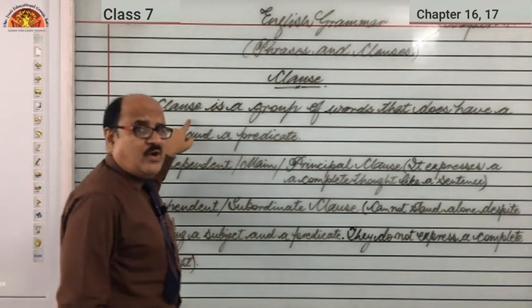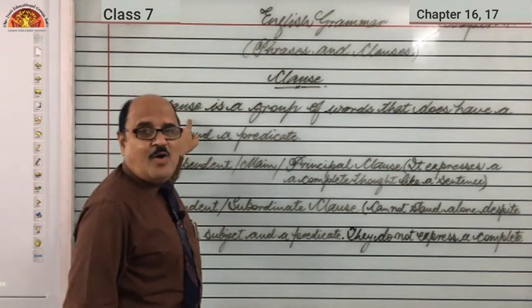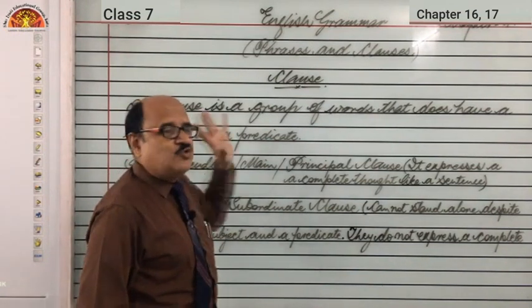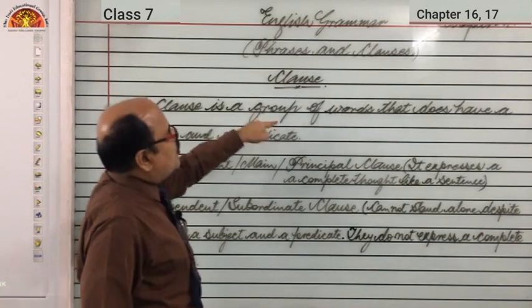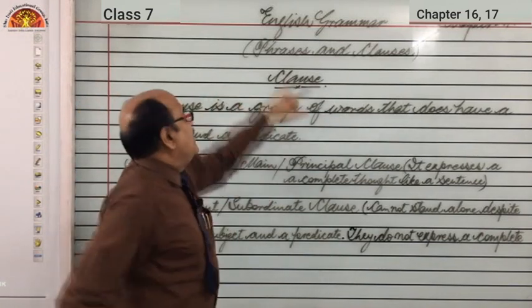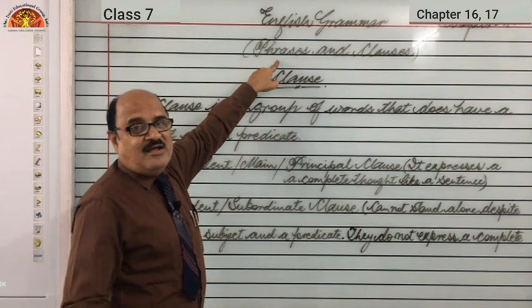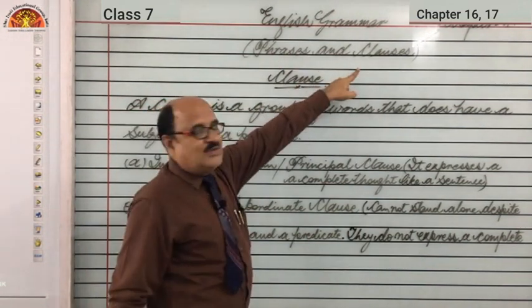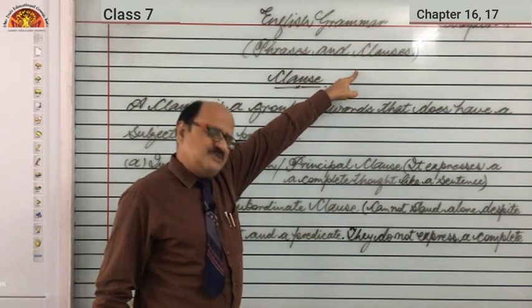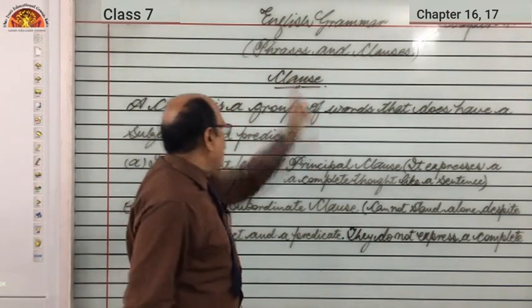First of all, we are going to get the meaning of the term clause. Actually, what a clause is, right? So a clause is a group of words, right? In phrase also we learned that a phrase is also a group of words. A clause is also a group of words, but still difference is there. What?